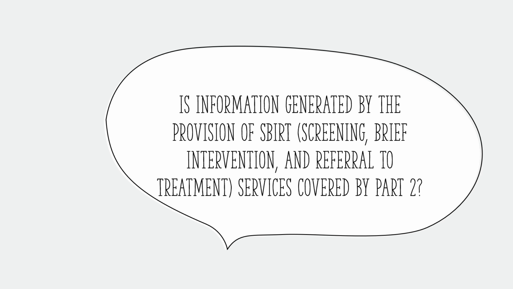If that entity is not a federally assisted program, then those services and the patient records generated by them would not be covered under Part 2, although HIPAA and state laws may still apply. But if the entity or the unit within that general medical care facility conducting the services is a federally assisted program under Part 2, then those SBIRT patient records would be subject to the Part 2 regulations.